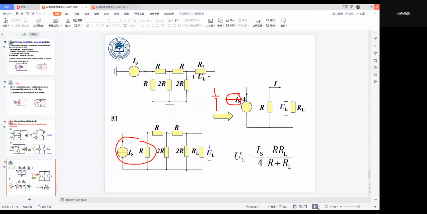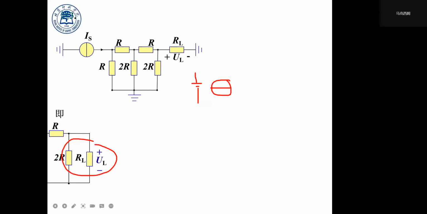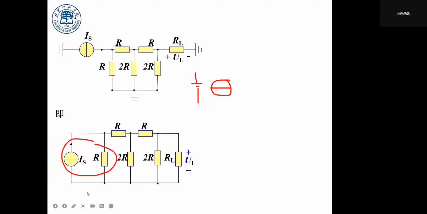See how to do that. So we can transform this current source into a voltage source. So we can transform this into one. This could be less.